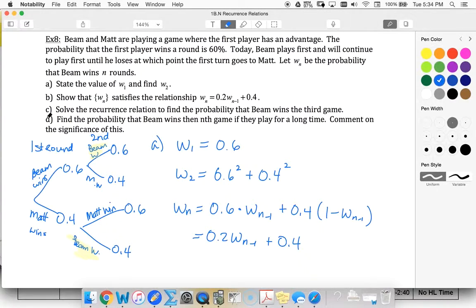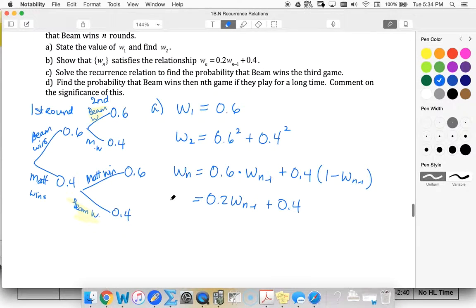All right, solve my recurrence relation. Notice that this is of the form that we looked at the very beginning, where we've got a times u_{n-1} plus a constant c.